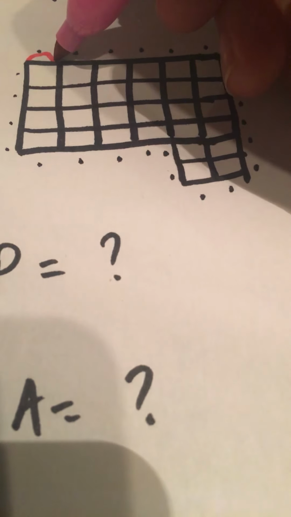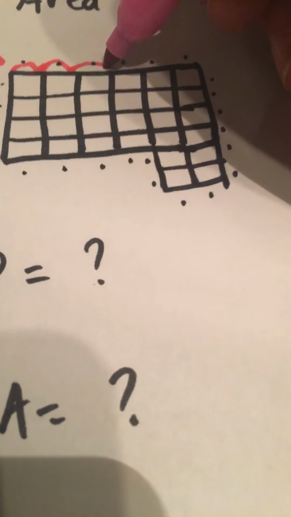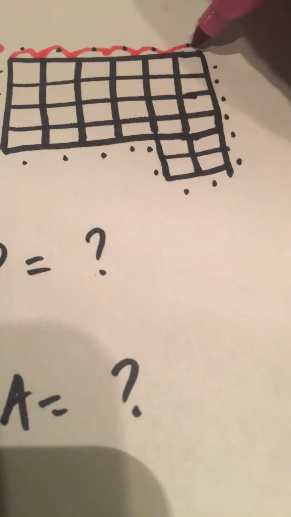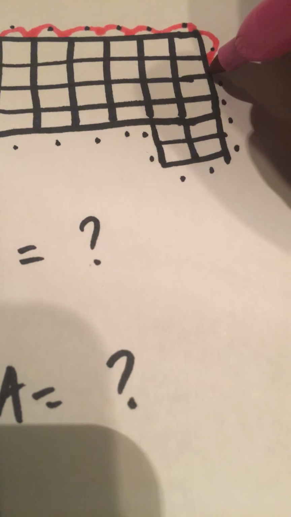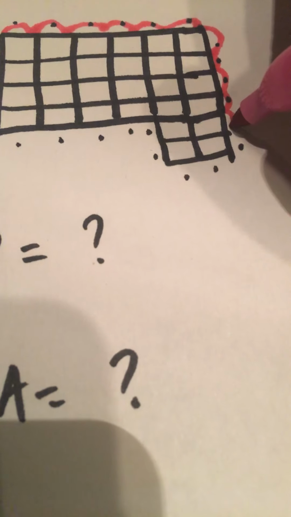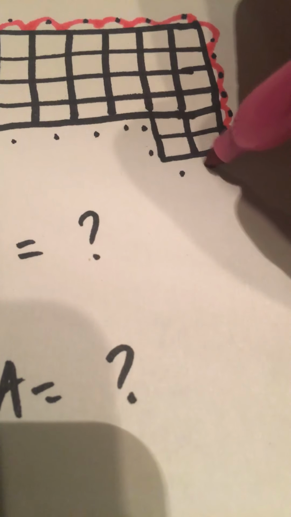So 1, and I'm going to put a little dot here because we started there. 1, 2, 3, 4, 5, 6. And then when you get to this corner, you go 7, 8, 9, 10, 11, 12, 13, 14, 15, 16, 17, 18, 19, 20, 21, 22, 23, 24.